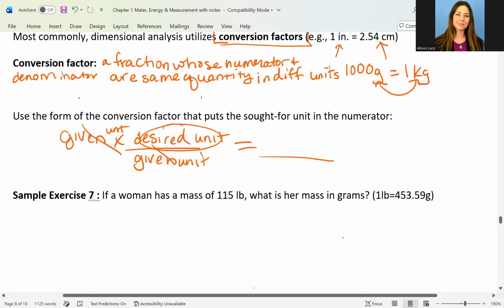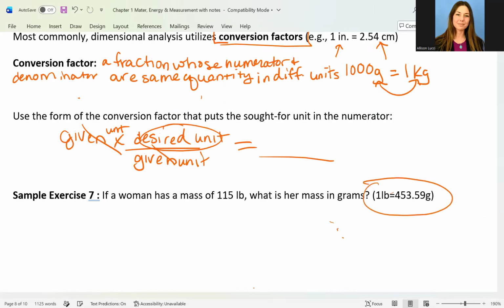1 pound is equal to 453.59 grams. And we're given a woman's mass as 115 pounds, and we want to know that mass in grams.